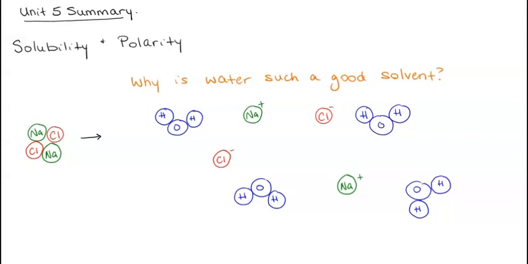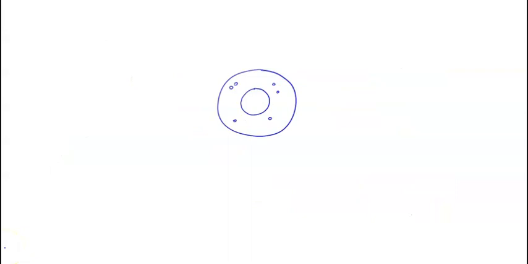Now, if we look at a water molecule, we have an oxygen atom with its 6 valence electrons and 2 hydrogen atoms, each with 1 valence electron. Now, the oxygen is a much larger atom than the hydrogen, and it has a much stronger pull on these electrons.